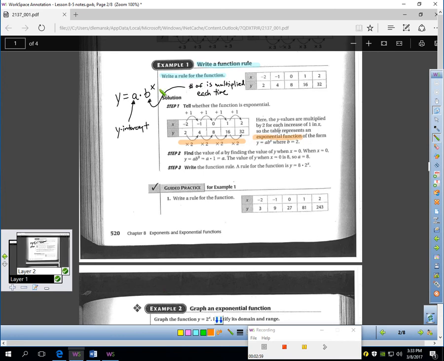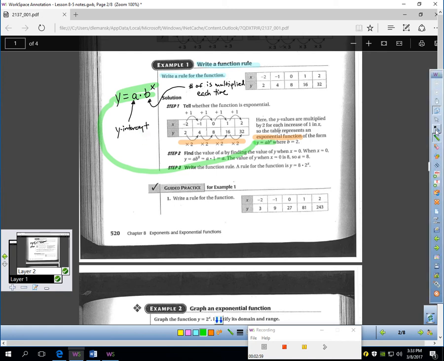Now, exponential functions always have the form, let me highlight it in green, y equals a times b to the x power, which I'm going to just draw here. I wrote it up here again. Now, a and b have a special meaning in an exponential function. A is the y-intercept. It's where your graph crosses the y-axis.